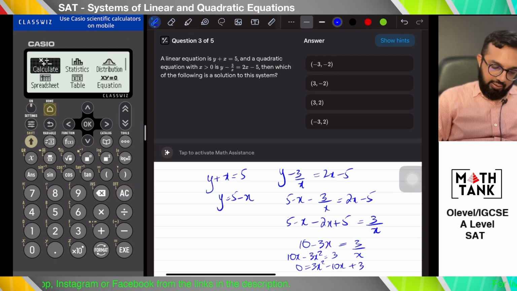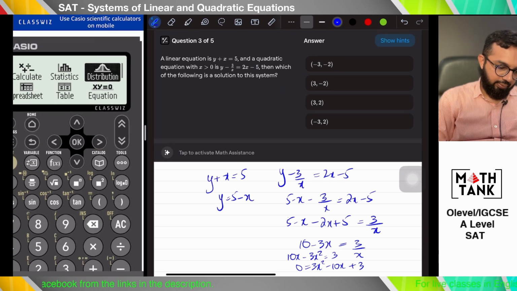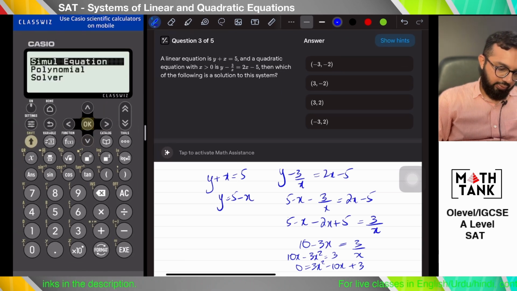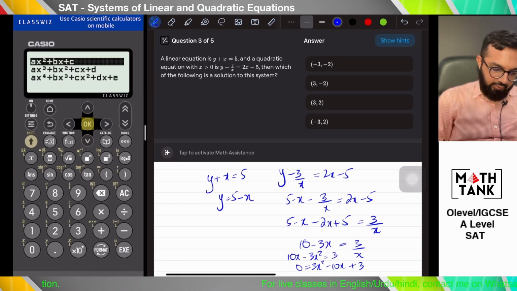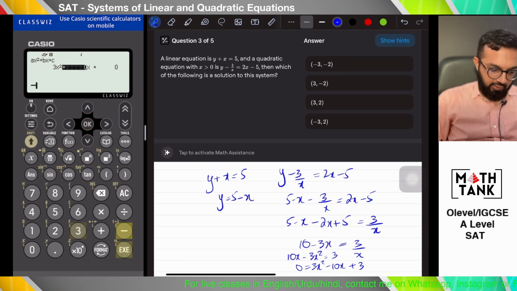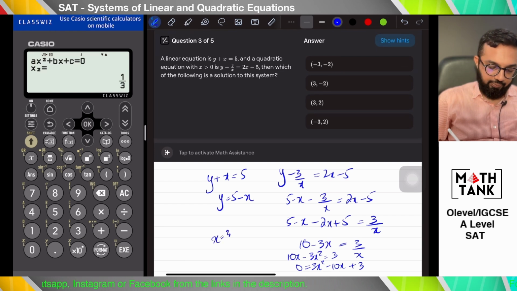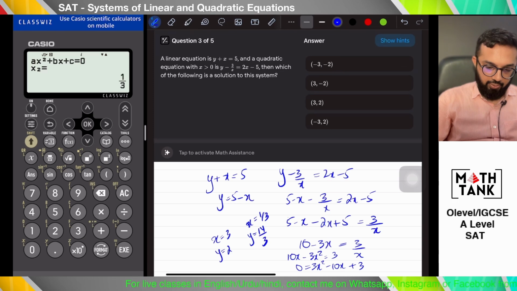Let's solve that on our calculator. 3 and 1 over 3. 3 comma 2.